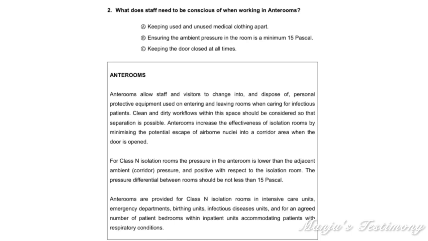So the first option is keeping used and unused medical clothing apart. I have to say one thing. We have already read the question, the options, and the text, and now we are searching for the answer in the text. But while we read the text to find the answers, we may have a tendency to forget the answer options and the question.